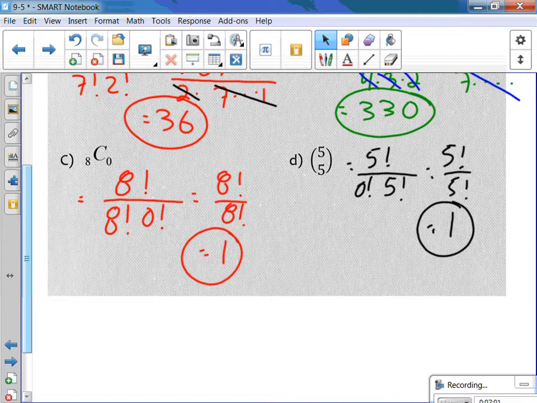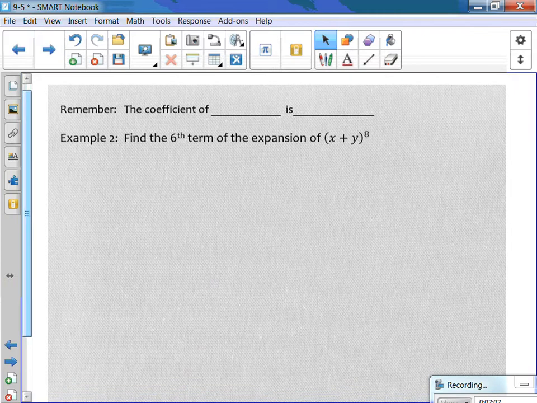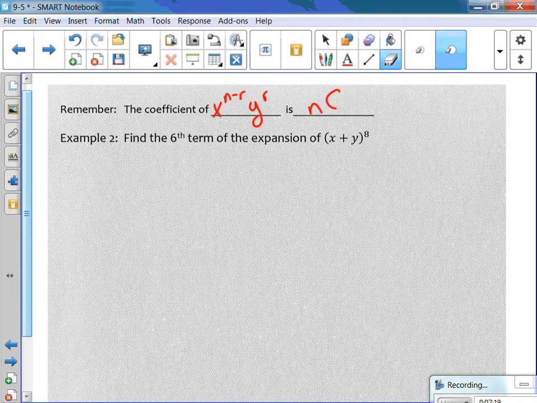So let's apply this to finding those binomial coefficients. If we remember that the coefficient for x to the n minus r power, y to the r power, is going to be n choose r. We want to find the 6th term of the expansion of x plus y to the 8th.